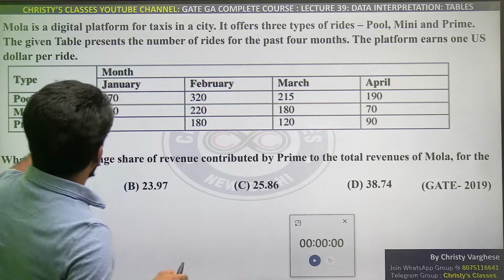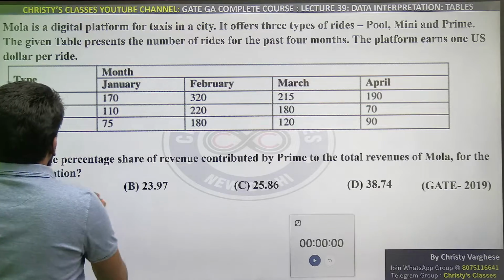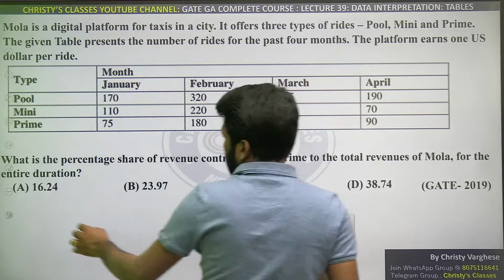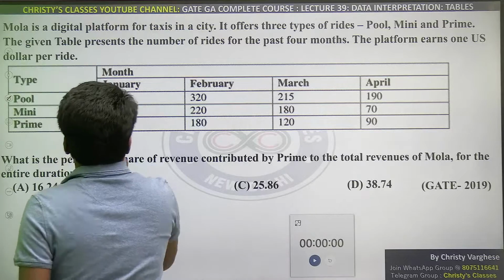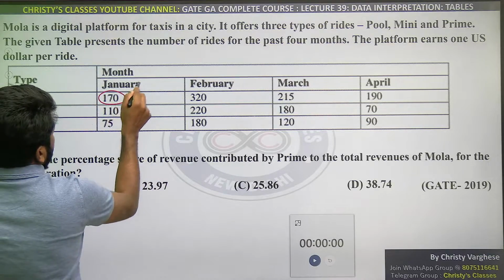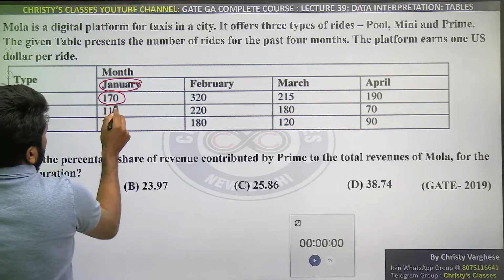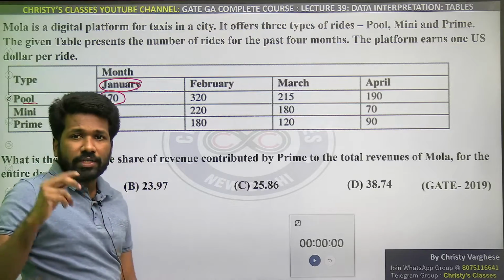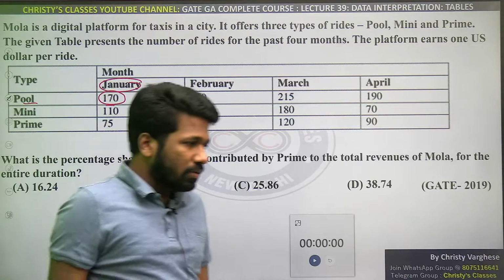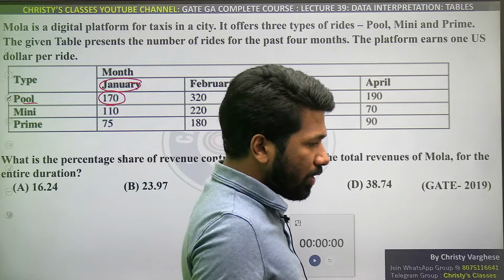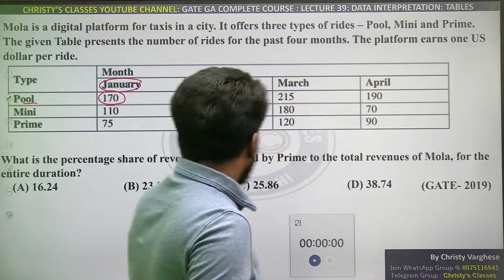So what happened in the case of pool? 4 months are there. So 170 pool rides happened in January. 170 pool rides. That means 170 pool rides, $170 will be the earning now, because $1 for one ride. So $170.